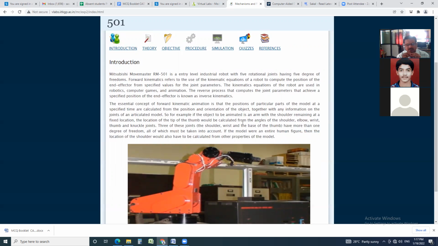So, for example, if the object to be animated is an arm with the shoulder remaining at a fixed location, the location of the tip of the thumb would be calculated from the angles of the shoulder, elbow, wrist, thumb, and knuckle joints. 3 of these joints, the shoulder, wrist, and the base of the thumb, have more than 1 degree of freedom, all of which must be taken into account. If the model were an entire human figure, then the location of the shoulder would also have to be calculated from other properties of the model.